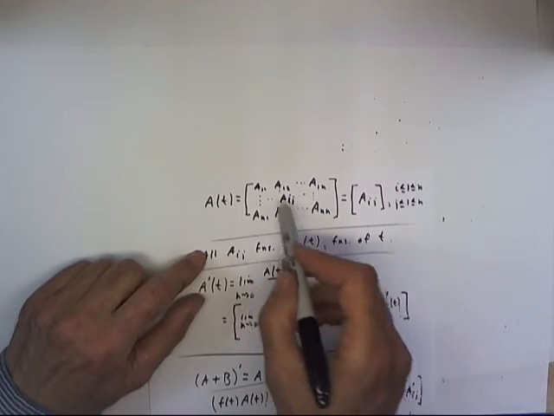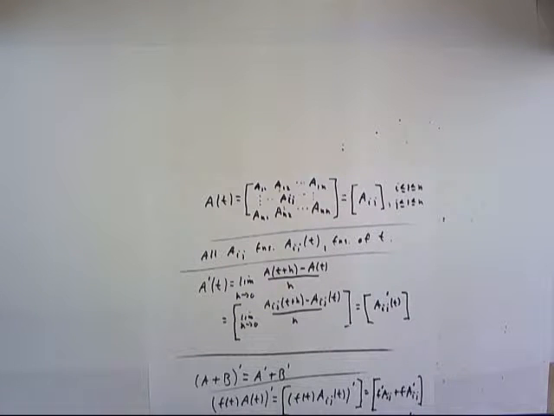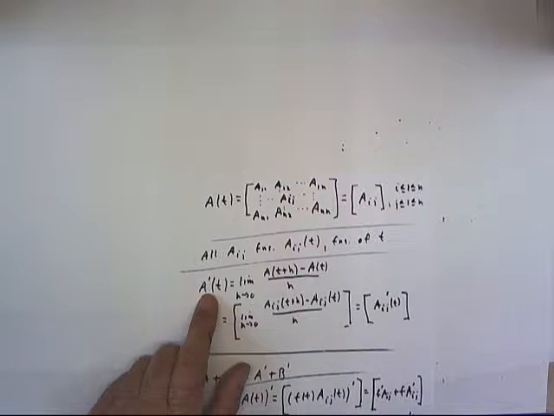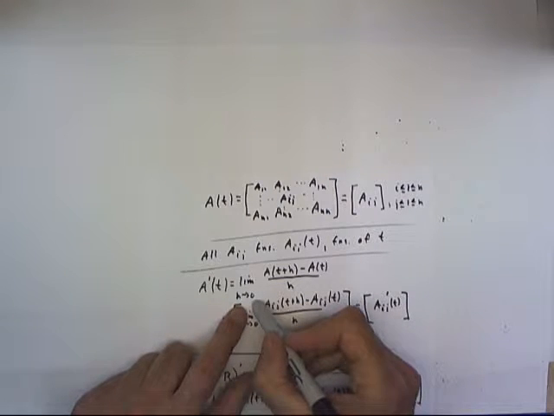So with that introduction to the meaning of a matrix function, we can define the derivative of a matrix function. The derivative of any function is the limit as h goes to 0.